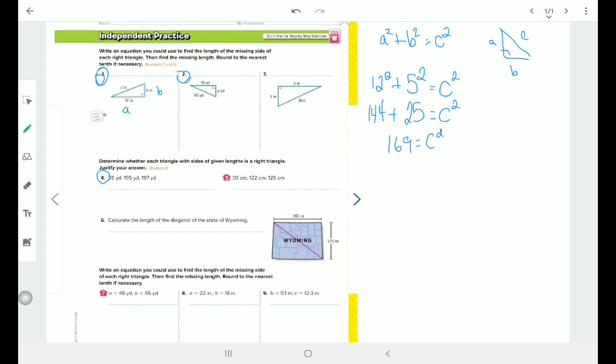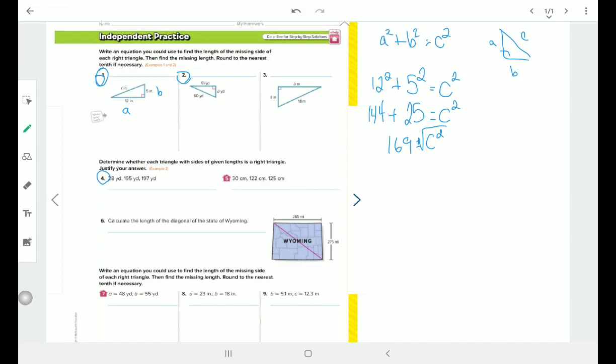And remember that the opposite of squaring is taking the square root. So I'm going to take the square root of c squared, but whatever I do to one side, I do to the other, and the square root of 169 is 13. And that's going to equal c. All right, so that's my answer for number 1. That's my missing side length, so c would equal 13 inches.